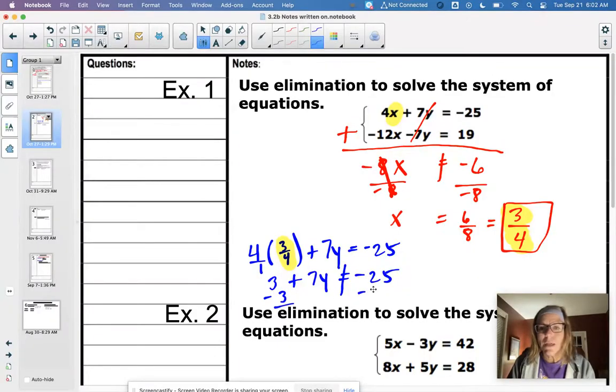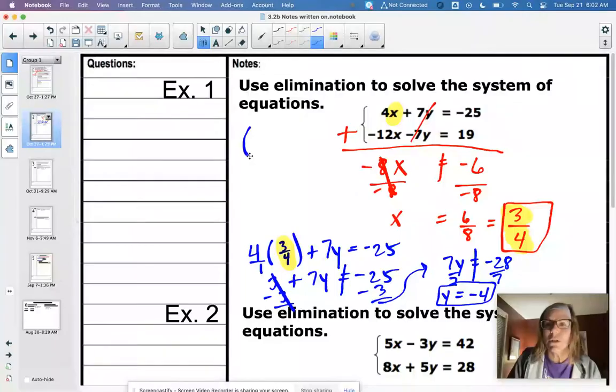Subtract the 3 on both sides. Now we have 7y is equal to negative 28, negative 25 plus negative 3. Divide both sides by 7, and y is equal to negative 4.